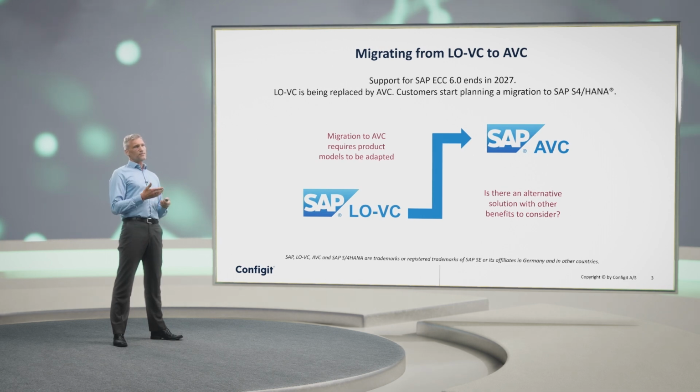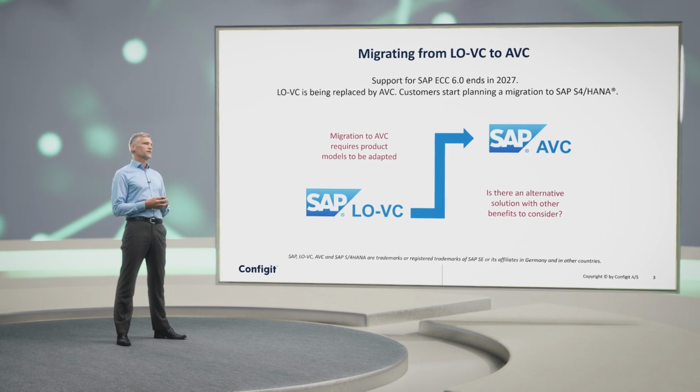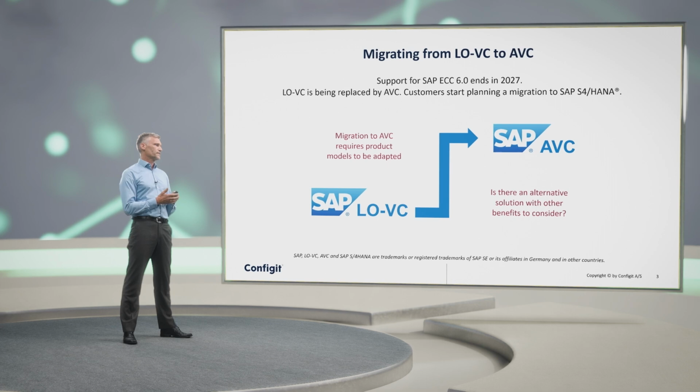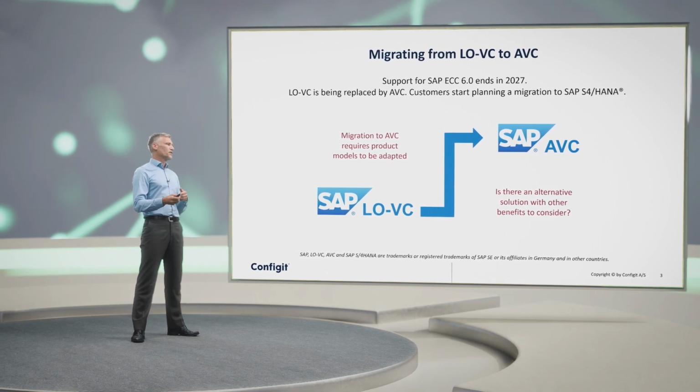There is some support in SAP for this migration process. There's some tooling in place for it, but it's not a fully automated process. You need to manually migrate and adapt part of each product model in order to succeed with that migration.